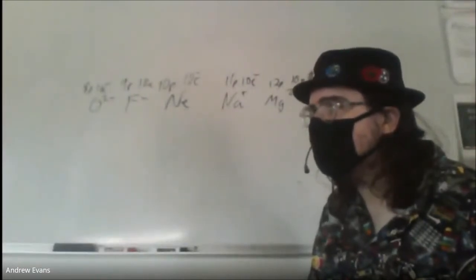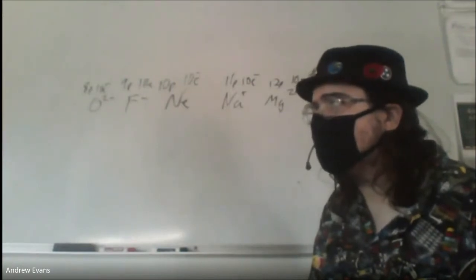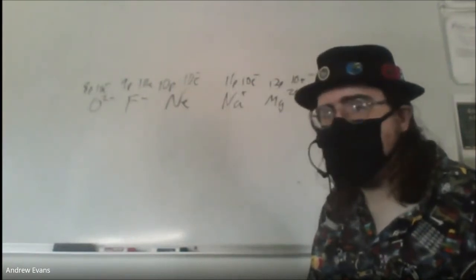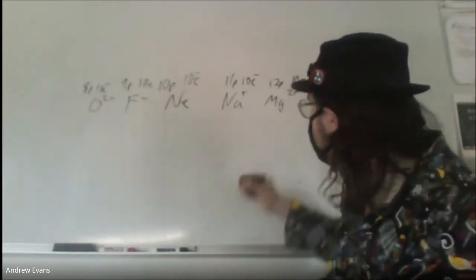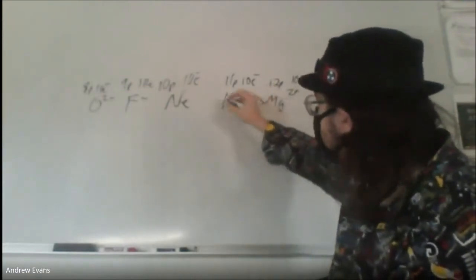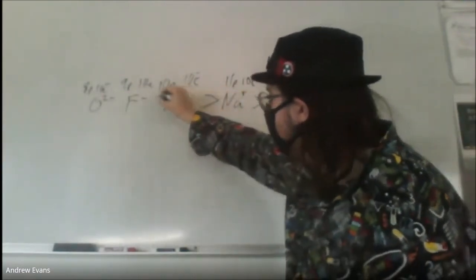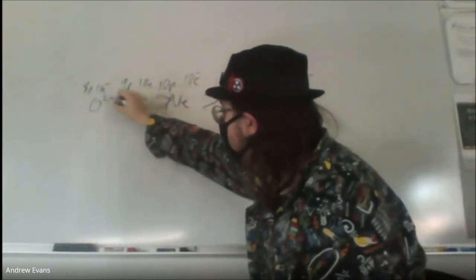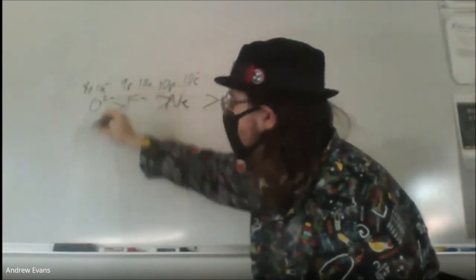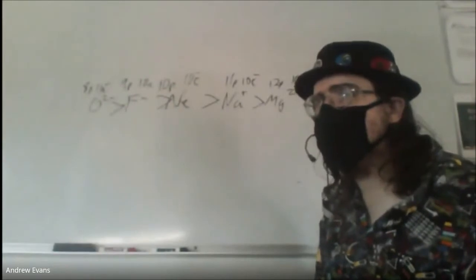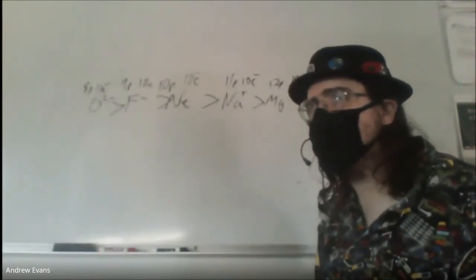So based on that, which of these is the smallest, and which is the biggest? If I arrange these based on their size, magnesium is going to be the smallest, oxygen is going to be the biggest, because the more negative it is, the bigger it is.